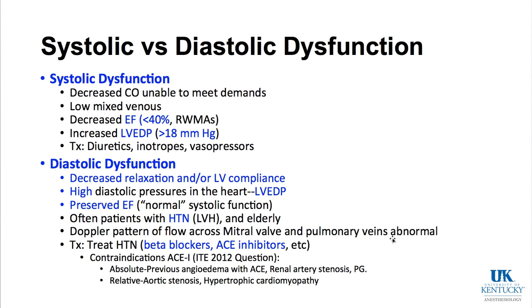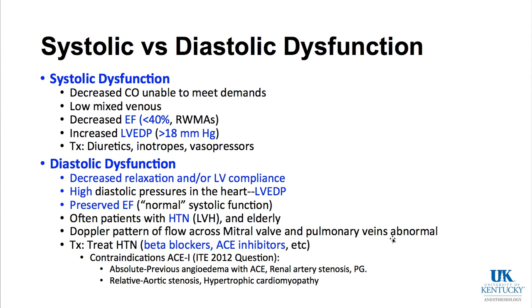Next key word is systolic versus diastolic dysfunction. Systolic dysfunction is when you have decreased cardiac output unable to meet the demands and low mixed venous saturation. That is, not enough blood going to the tissues. It extracts more from the hemoglobin that it is supplied, and the mixed venous comes back, for example, 45-50%. It would be an example of low global delivery of oxygen and more extraction.